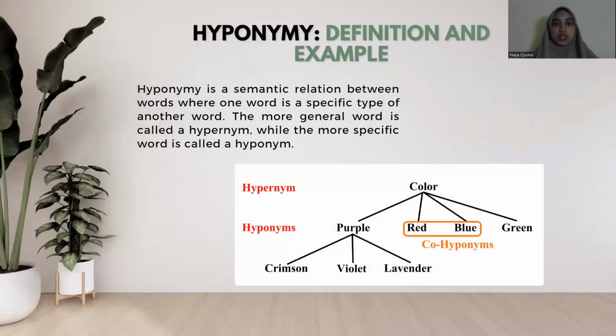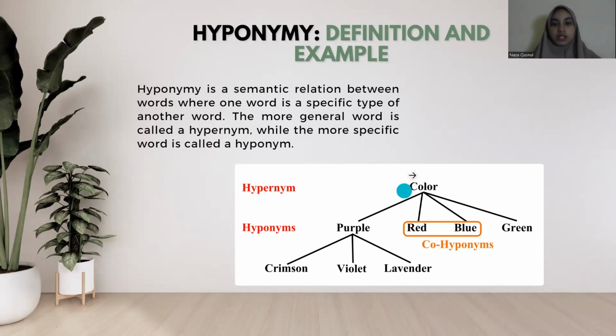Next is the hyponym definition and example. Hyponym is a semantic relation between words where one word is a specific type of another word. The more general word is called a hypernym, while the more specific word is called a hyponym.